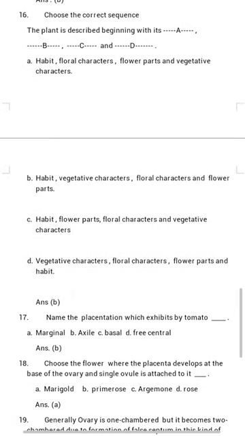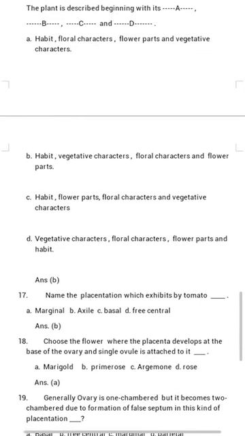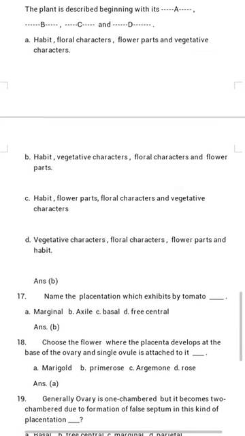So now let us see in detail about this question. I repeat this question once again. The plant is described beginning with its A, B, C and D. What could be the A, B, C and D we need to identify in the given 4 options.